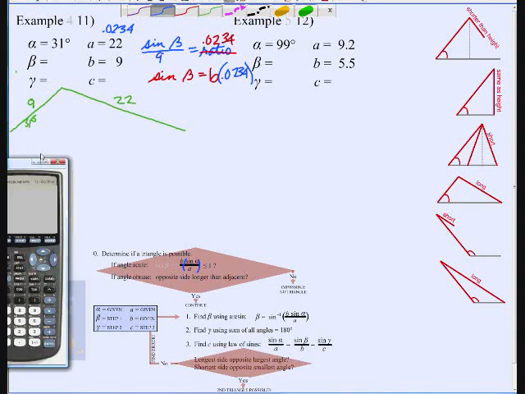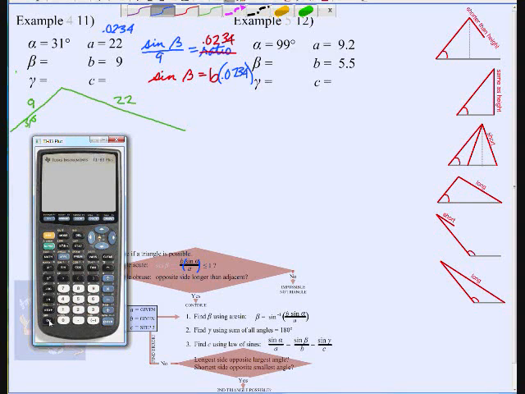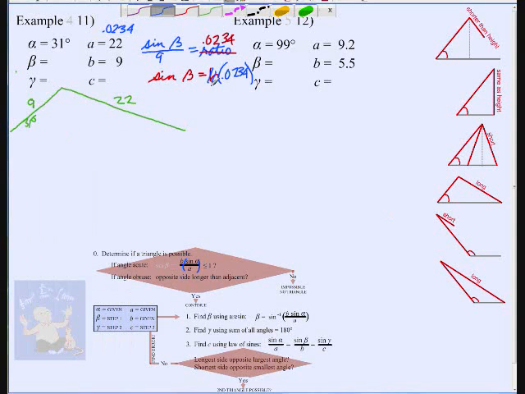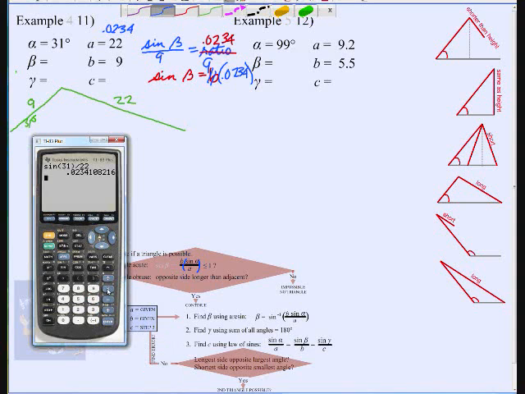We're going to multiply this times the length of the opposite side, which is 9.